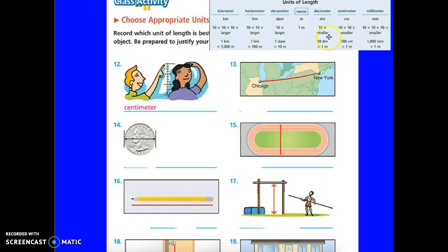So we move right on down the line here, and let's just go down to millimeters. Okay, why not be really precise and do millimeters? The reason is that if we did it in millimeters, you would be very precise, but the numbers would be really big because there'd be a lot of millimeters to measure one person.